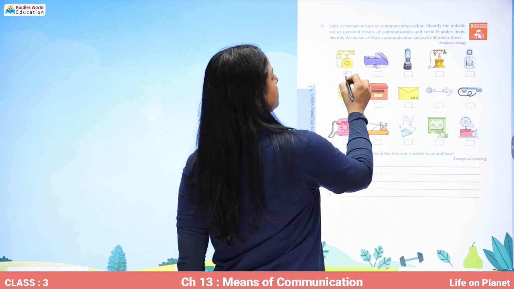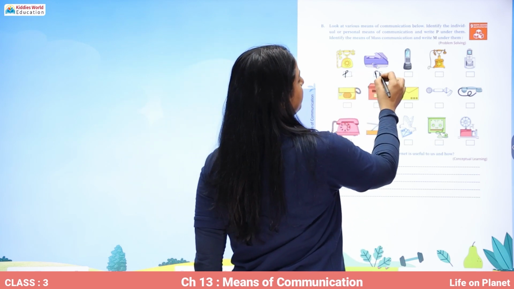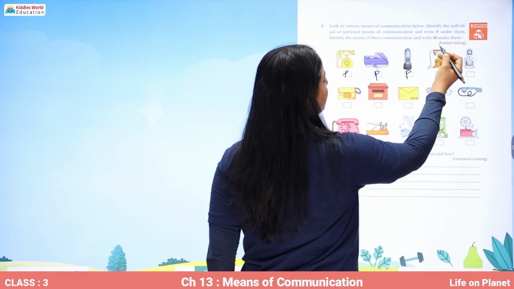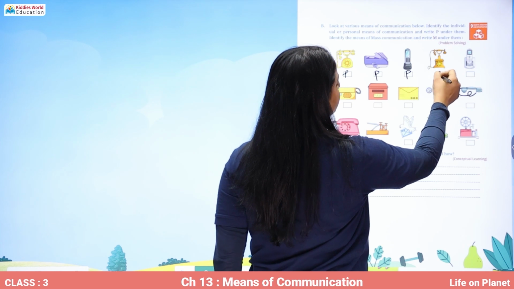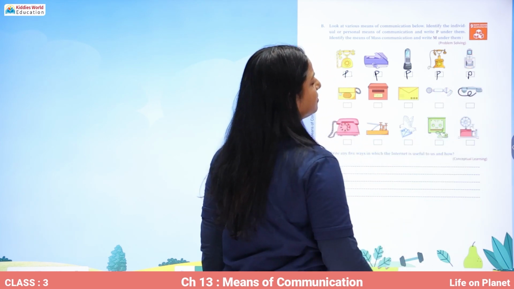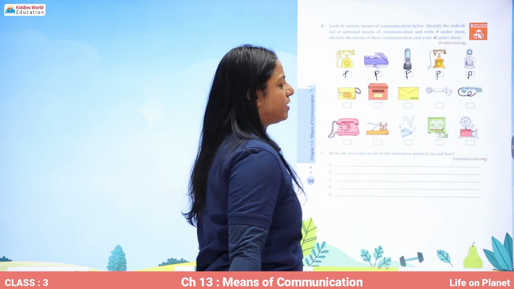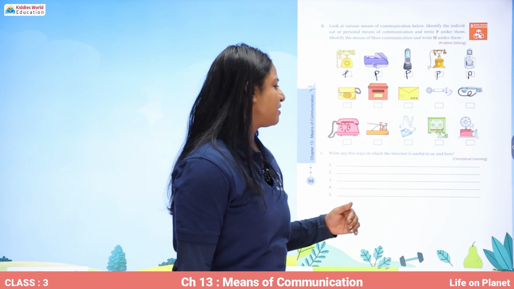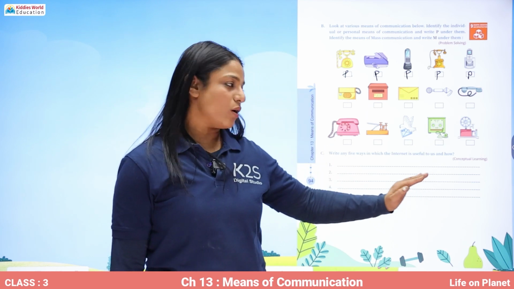A telephone is personal, fax machine is personal, again mobile phone is personal, this is again a fixed line, it's personal, and that's a cordless phone and it is also personal. So everything over here is personal in the first line. All right. The rest you are going to do yourself.